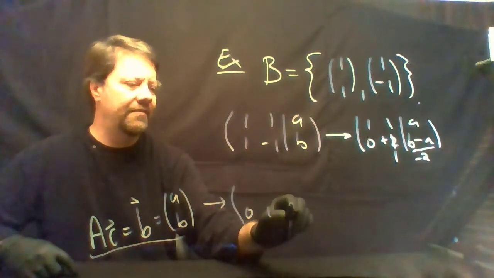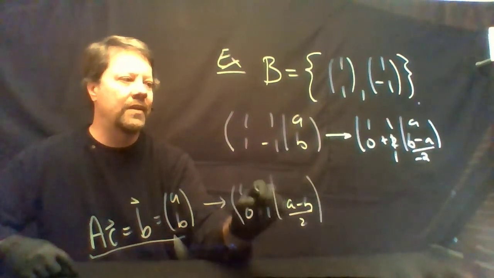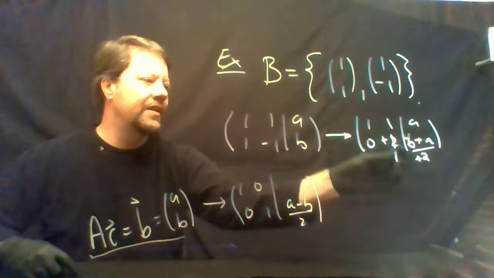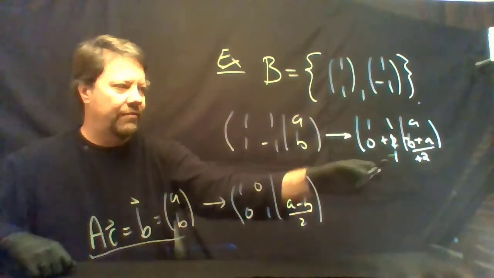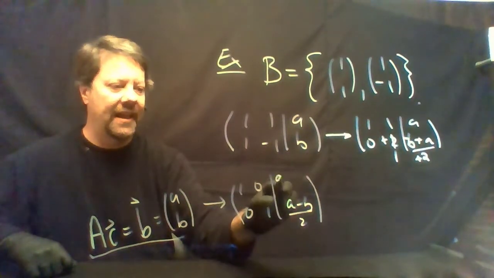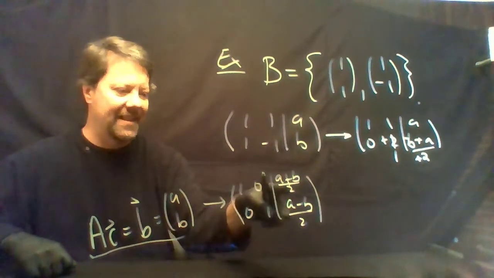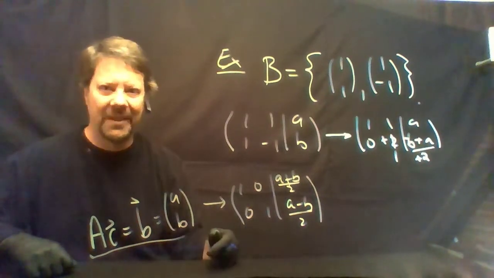Let's see, we'll have (a - b)/2... 1, 0. Negative 1 times this plus this. You can see that we'll get (a + b)/2 here. If we add these two, we get a. If we subtract them, we get b.